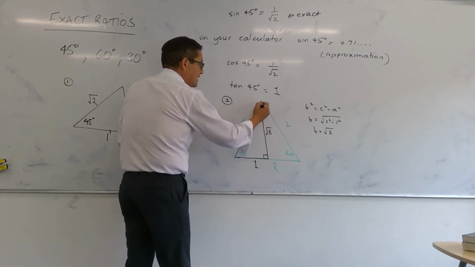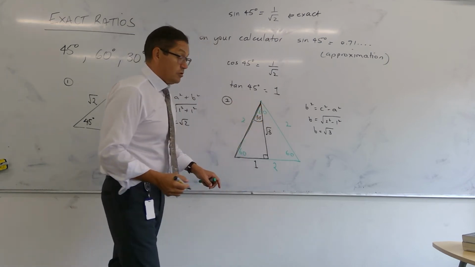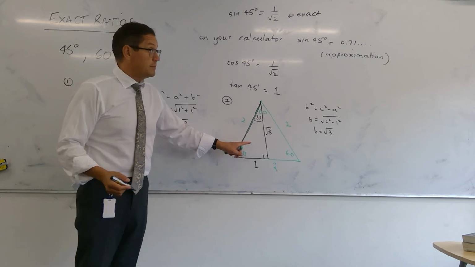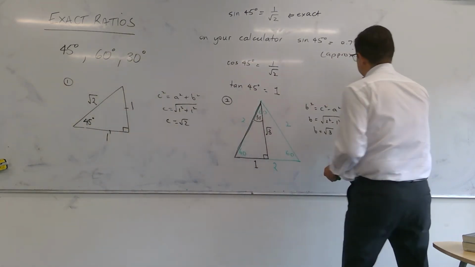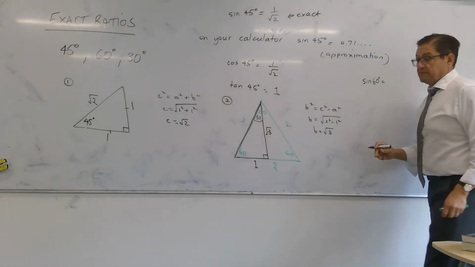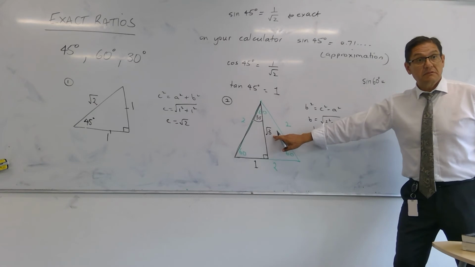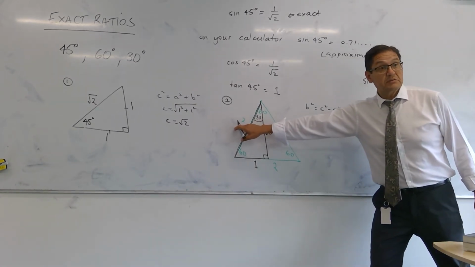And this triangle now becomes really important because if I'm looking at 60, I can ask, what is sine of 60 degrees? The sine of 60 degrees is opposite over hypotenuse.